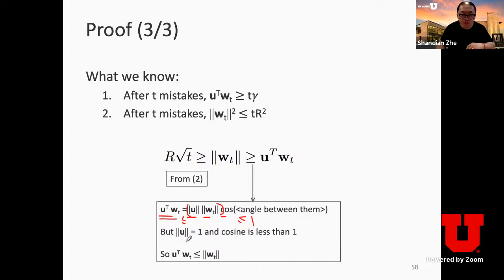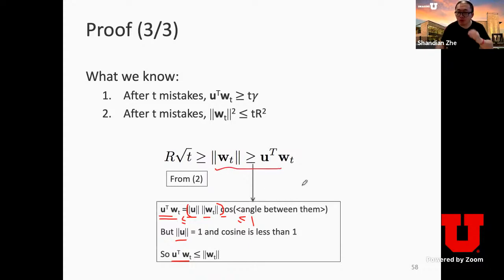But in our case, the vector u is a unit vector, meaning its norm is 1. So we immediately obtain that their inner product, u transpose wt, is less than or equal to the norm of wt. That's what we obtain here.